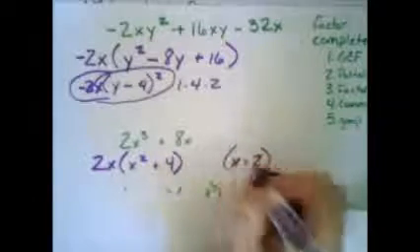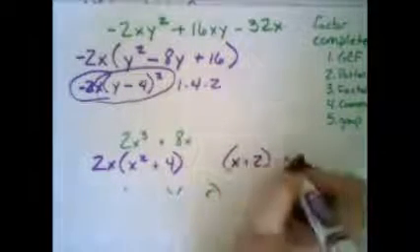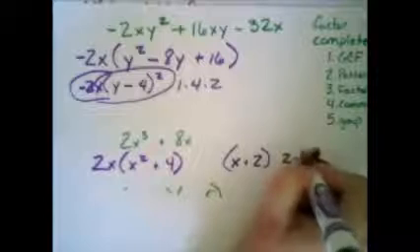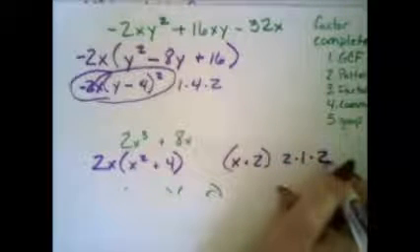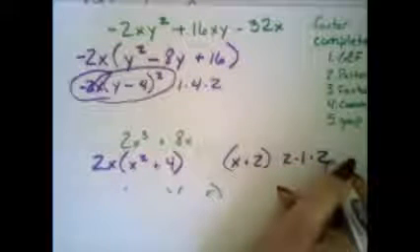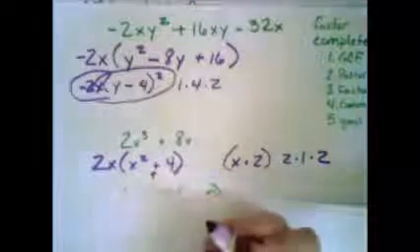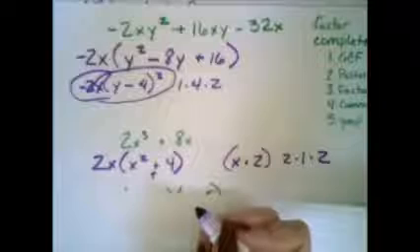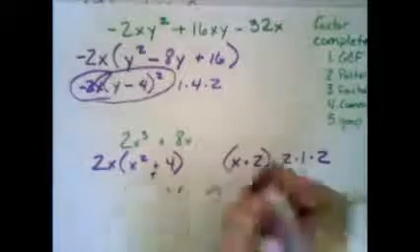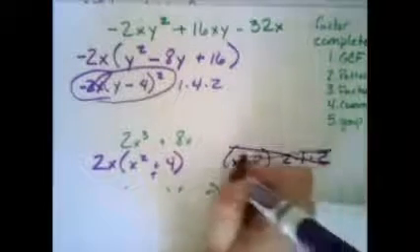Is this that squared? So we're going to go 2 times 1 times 2, and that doesn't equal that middle number. You need a middle number for a perfect square trinomial. You need it to actually be a trinomial. So perfect square doesn't work.